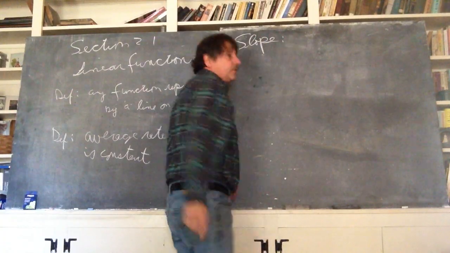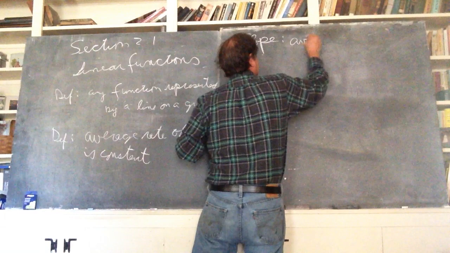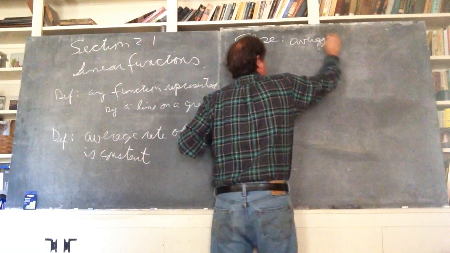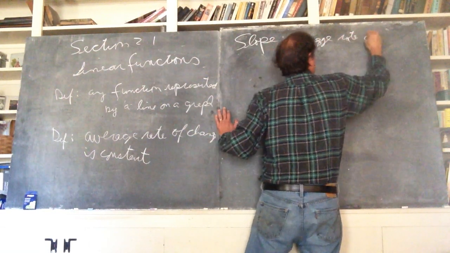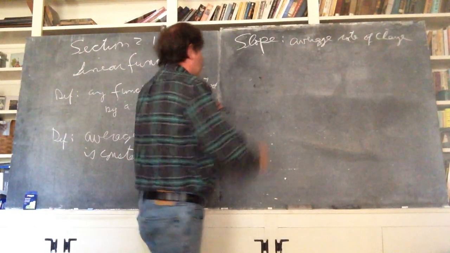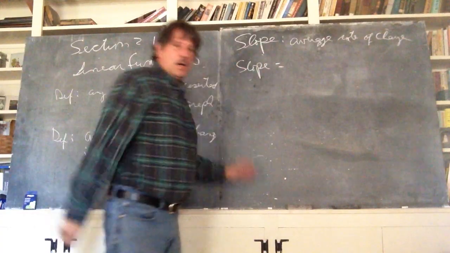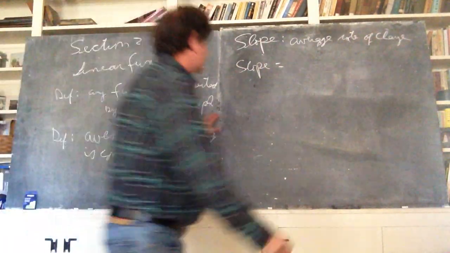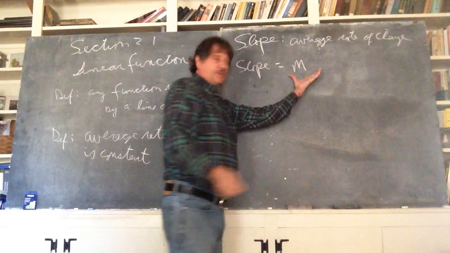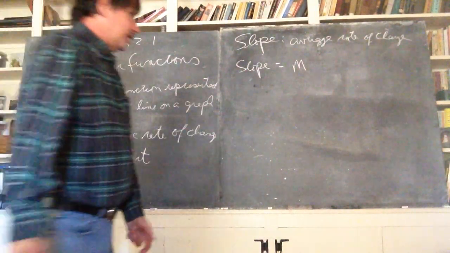Definition of slope is the average rate of change of a linear function. We use m to denote slope. That's m, it's a small case letter m. Probably from the Greeks, I guess.